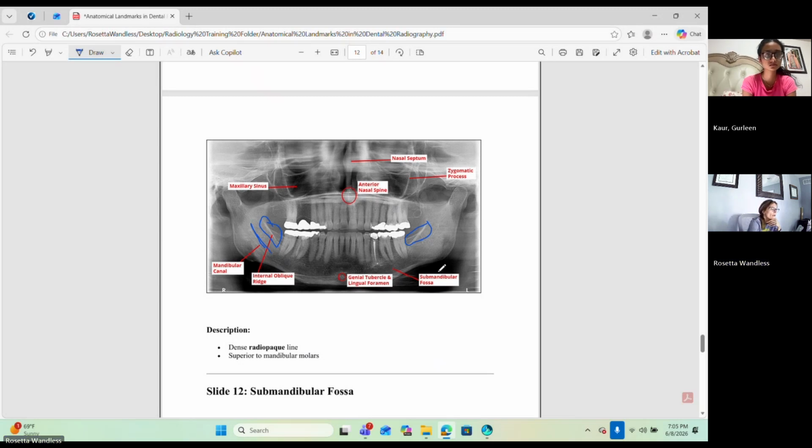Maxillary sinus, your nasal septum, and your zygomatic process. Not a good picture for that, because pans are weird for seeing a cheekbone, since it's getting it straight on, whereas a PA is coming at a different angle. That's why you would see it in one and not the other.